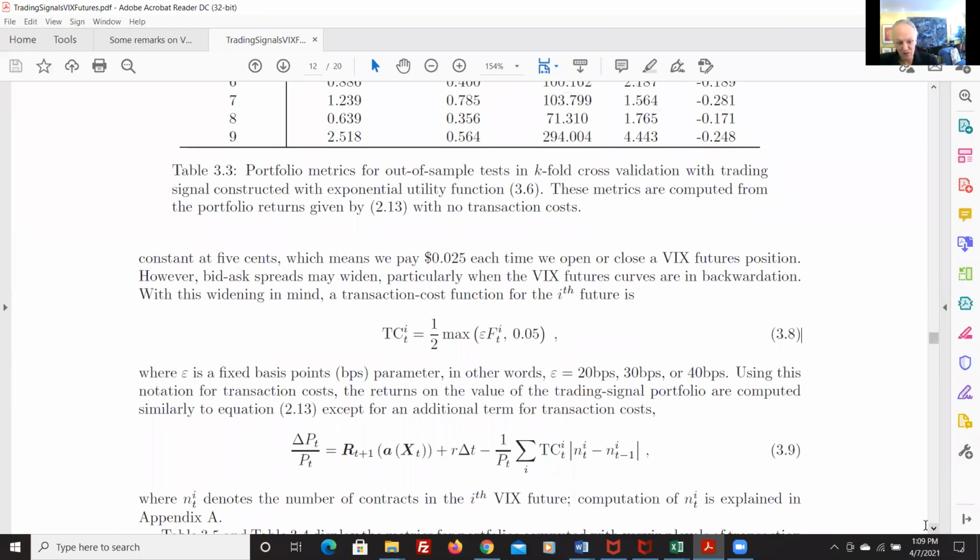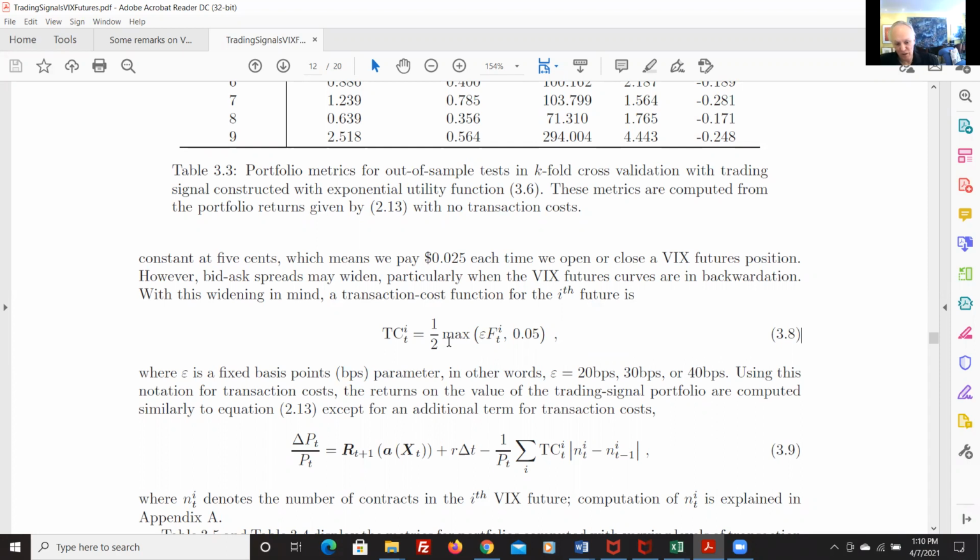Basically, we say the return on the portfolio is going to be the return without transaction costs, financing of course, and then here the transaction costs, because we're doing a delta P, so we're doing it like this, times something that is basically charging ourselves from the midpoint, so that's why there's a half.